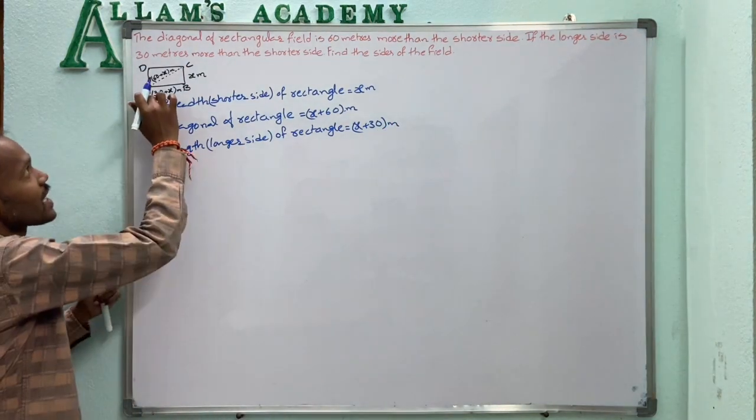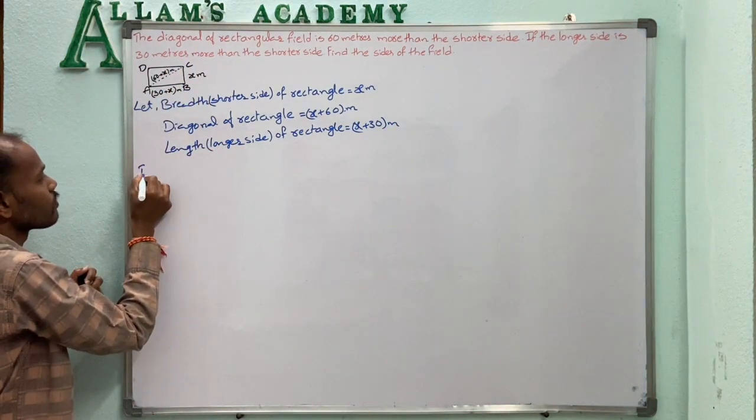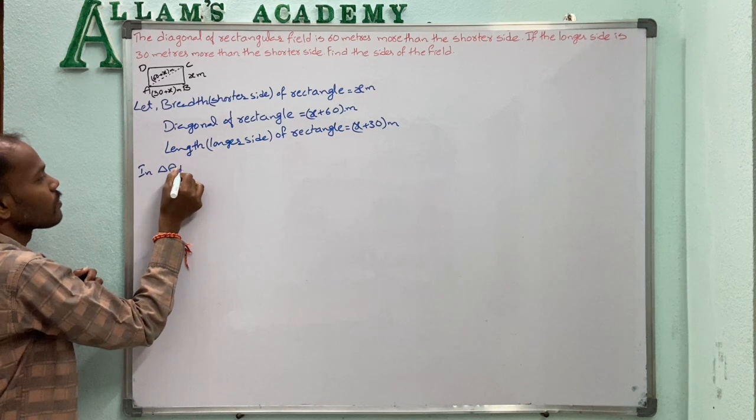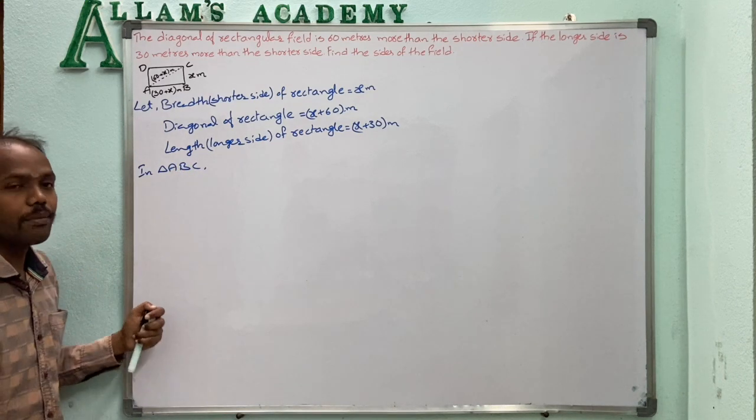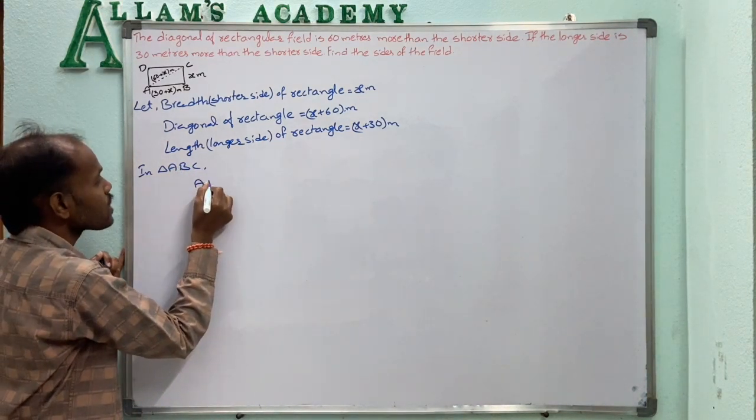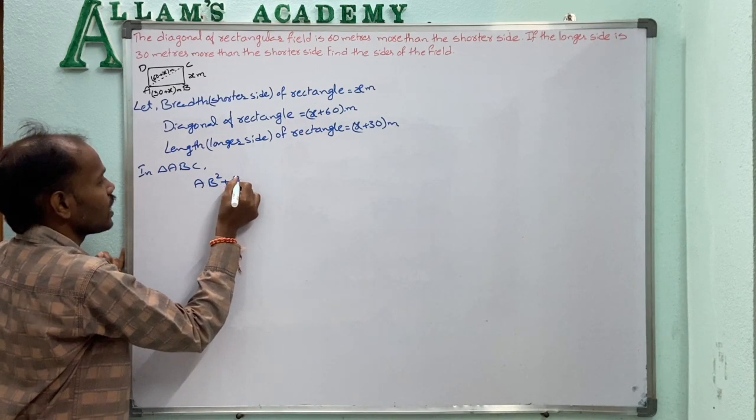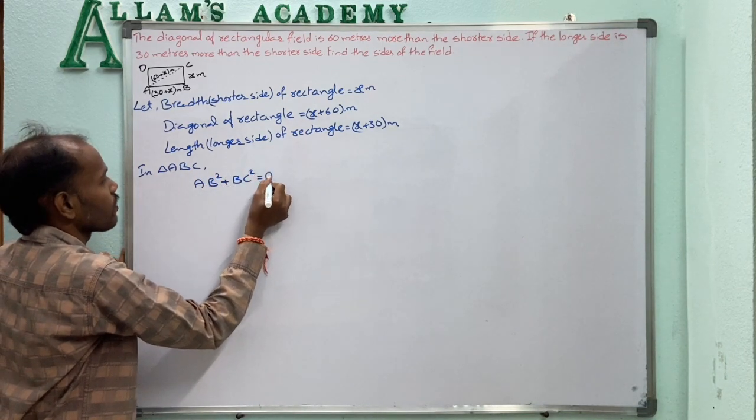Now in triangle ABC, by the Pythagoras theorem, we can write AB square plus BC square is equal to AC square.